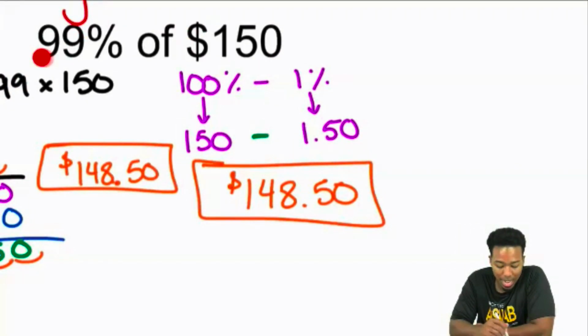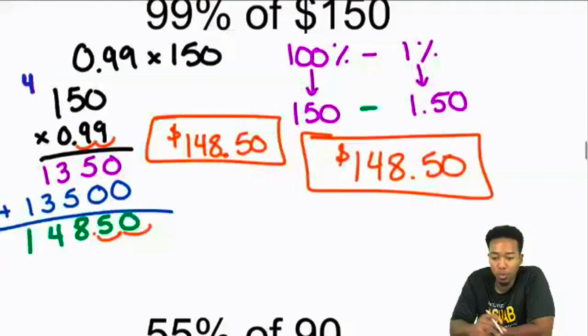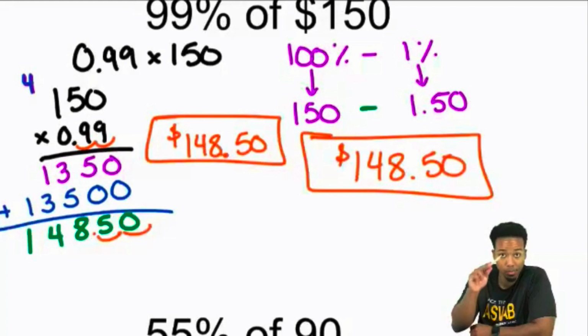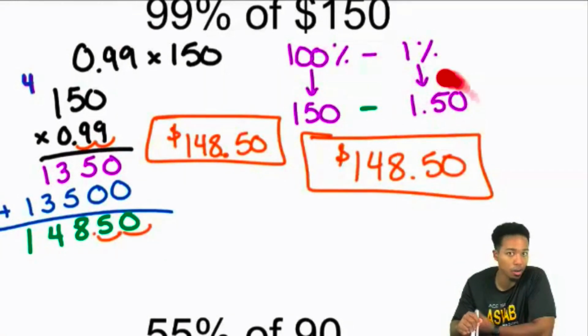So with the 99% here, what you can do is, again, you can start off with 100%. Just take away 1. 99 is 100 minus 1. And so all you need to ask yourself is, what's 100%? 150. 100% is always the original number. 1% though, that's where you take that decimal place 1, 2, 150 turns into 1.5 or $1.50.